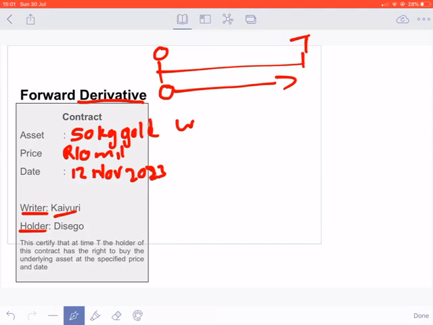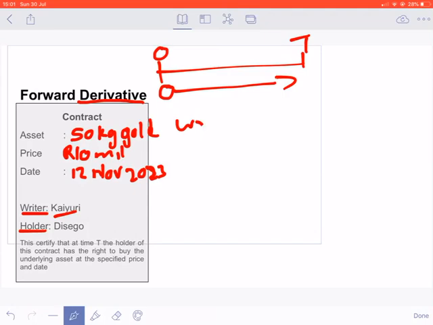That's basically what this contract does. Usually these contracts are sold on an exchange or over the counter. It is preferable that they are sold on the exchange, because it's a very liquid market, so it is easy to transact.